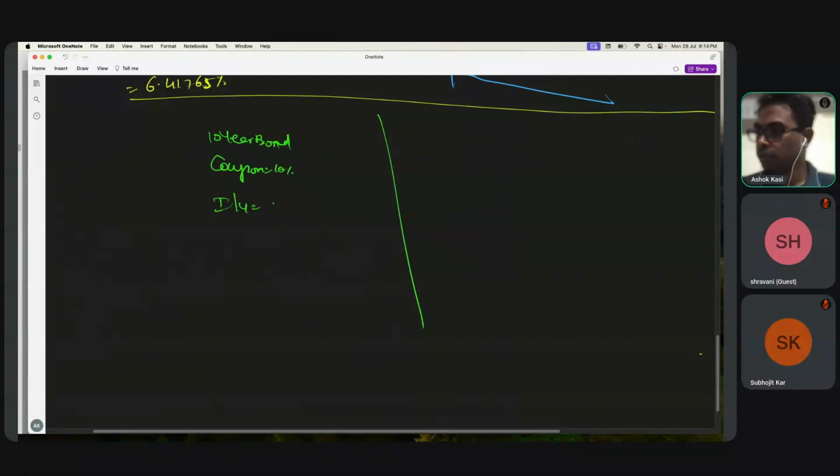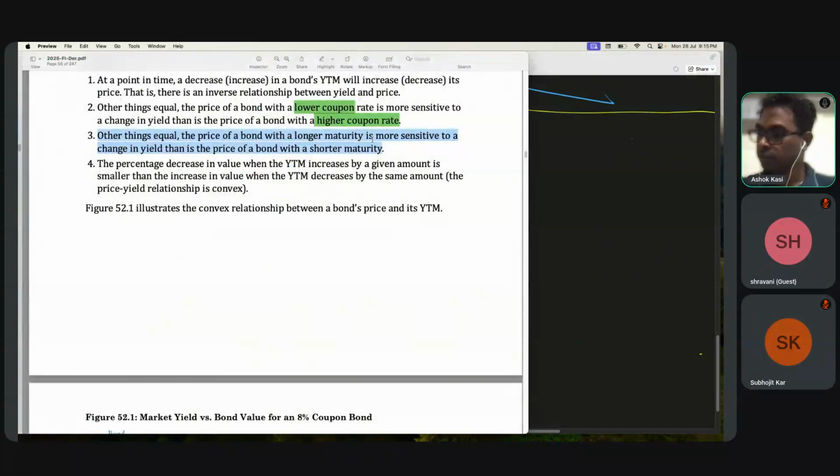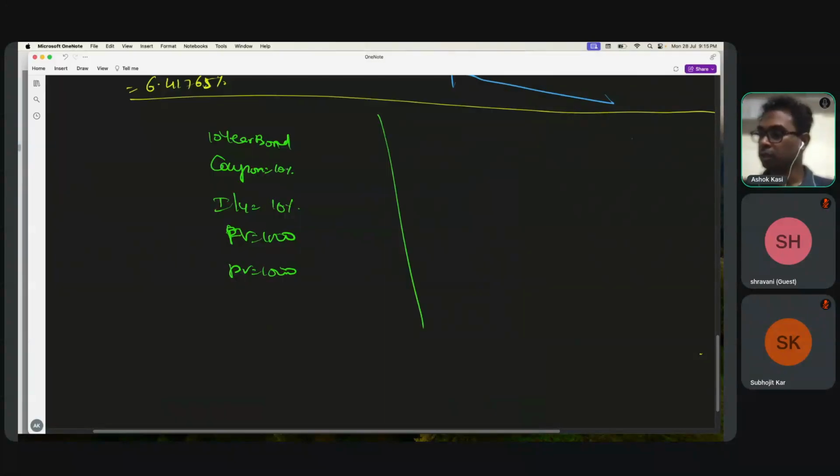Let's say EAY is also 10 percent so that it is easy to calculate. So I will take the present value directly as 1000 instead of calculating. Now here the interest rate is changing. The price of a bond with a longer maturity is more sensitive to change in yield.